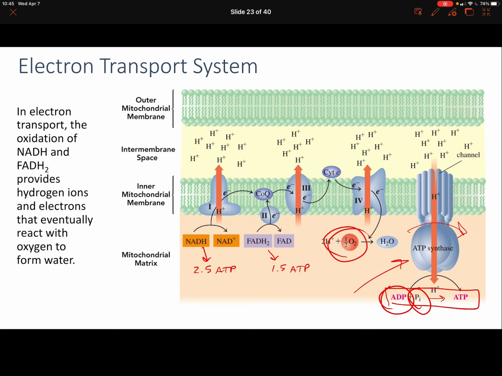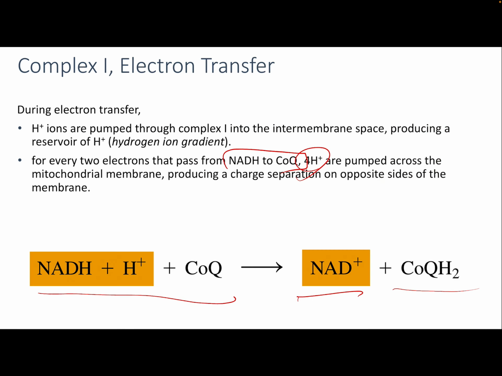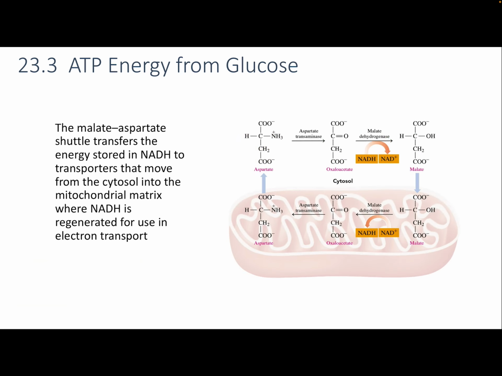All right, so that is the electron transport system. Now, let's calculate ATP energy from glucose. There's one other thing that we have to consider. It's the NADH that we're worrying about. NADH can't pass through the mitochondrial inner membrane.